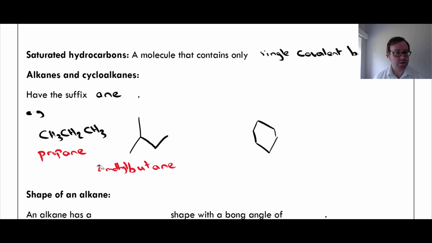Let's write that slightly clearer. 2-methylbutane. Okay, and this over here is another skeletal formula. It has 1, 2, 3, 4, 5, 6 carbons, but they're in a ring. So that means we're going to call it cyclohex- for 6 and -ane because it's an alkane.